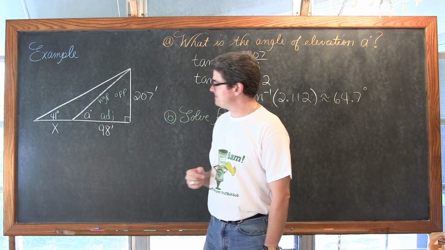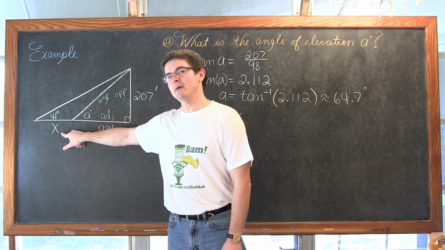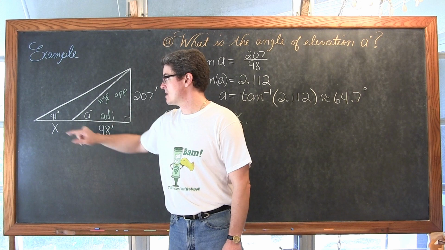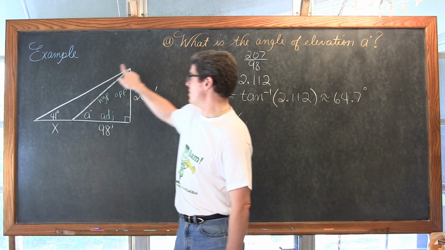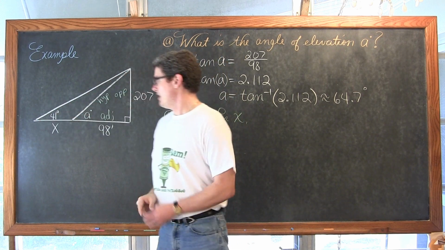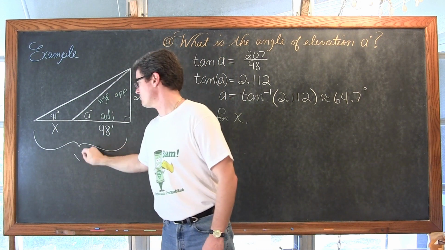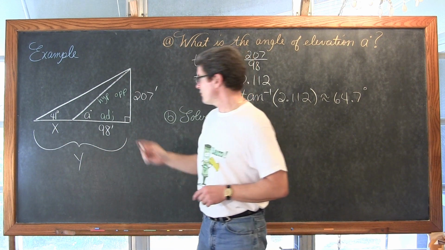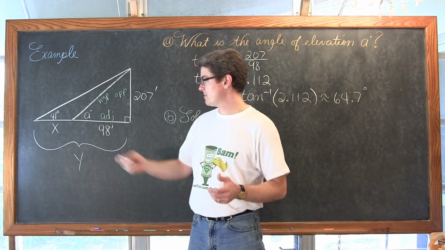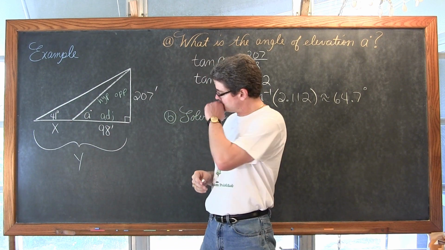What that means is, if I'm going to identify the length of x, I'm going to have to still work with this large right triangle, and we're going to find the length of this entire leg, and we'll call that y. We're going to find that entire length and then simply subtract out the 98 feet.